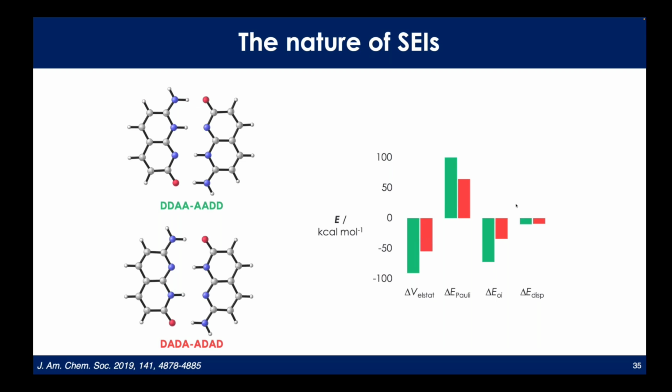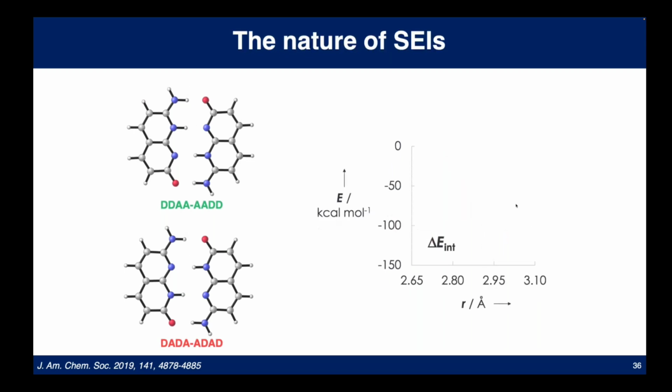So this will not explain anything. What you need to do here is use the activation strain model. You vary the distance between the two monomers, and you will see that the interaction energy is always larger for the green one, as expected.